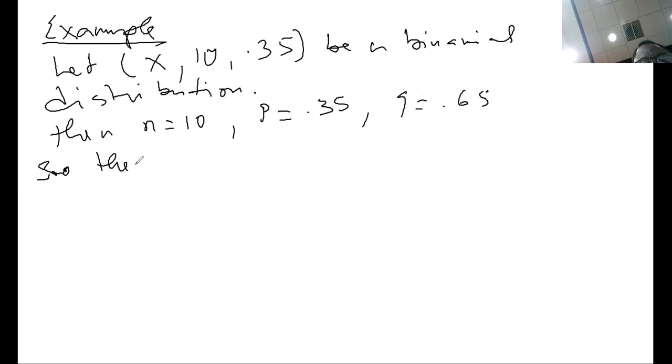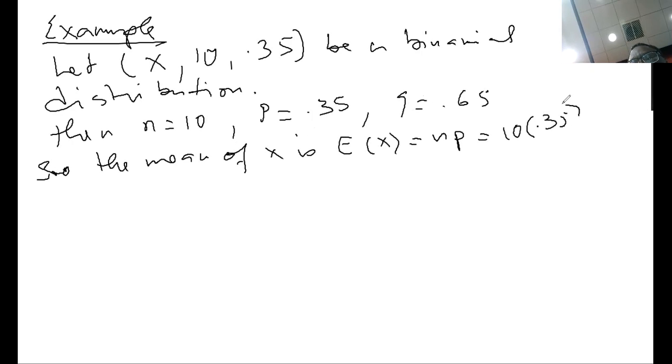So the mean of X, E of X, is equal to NP, which is equal to 10 times 0.35, which is 3.5.